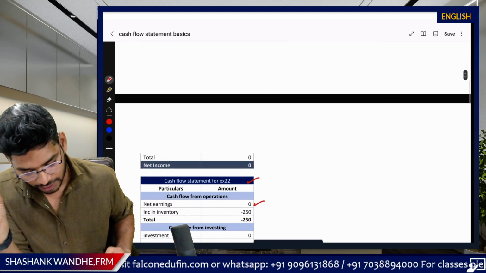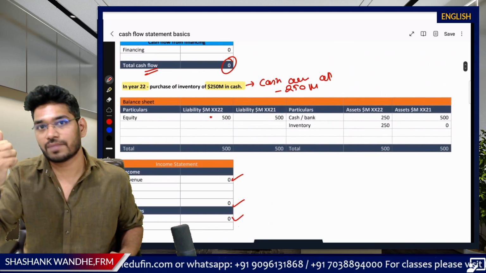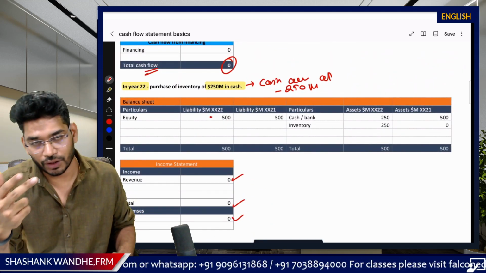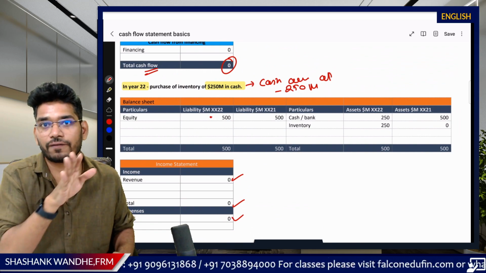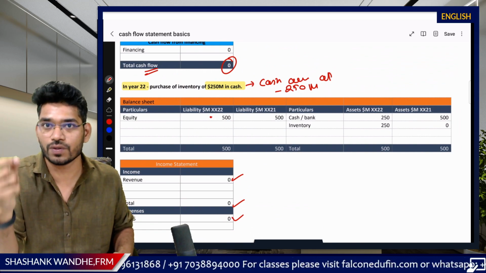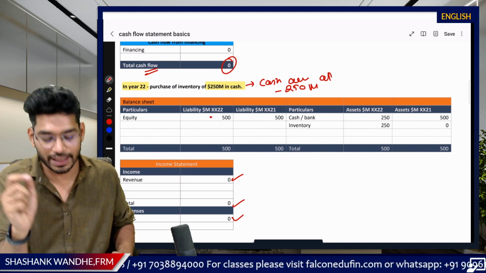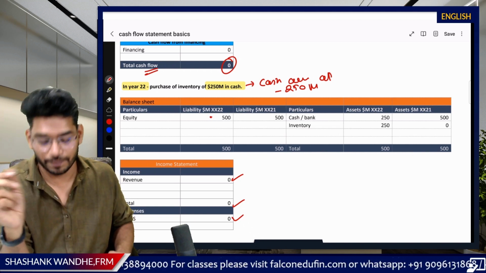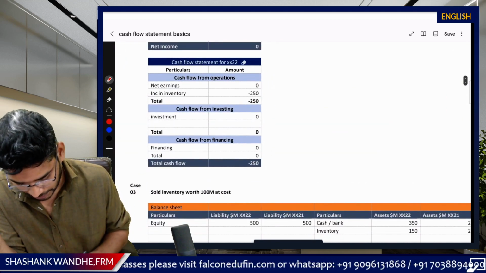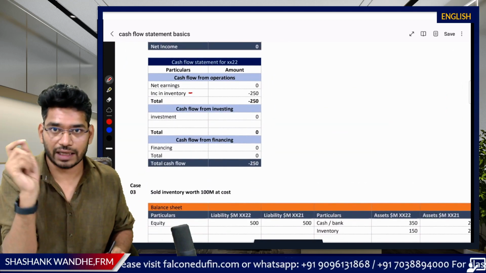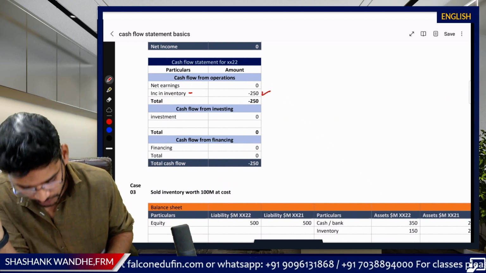Now, we discussed that for items like the inventory and your receivables, all these current assets, if there is an increase in current asset, we will reduce it from net income to arrive at a CFO, not COGS. So here, increase in inventory, this is the asset, you have to reduce it.